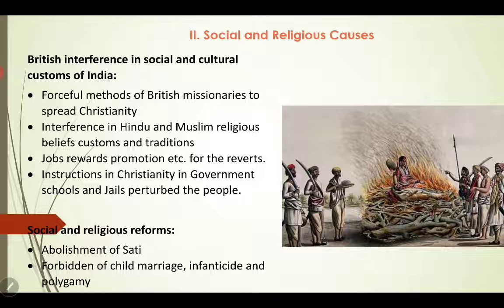But social and religious interference was not accepted by the Pandits, Maulvis, priests, etc. The first cause that took place was British interference in social and cultural customs of India.